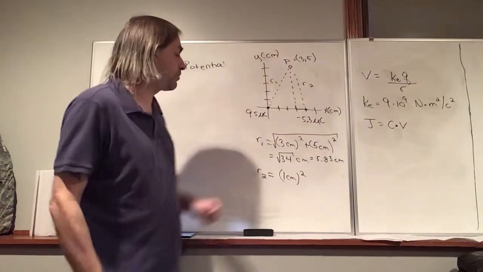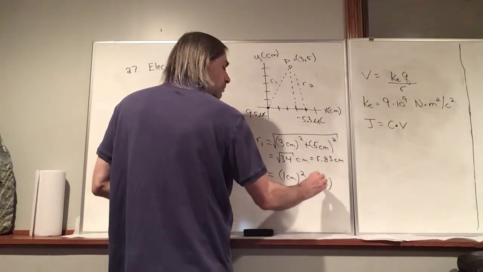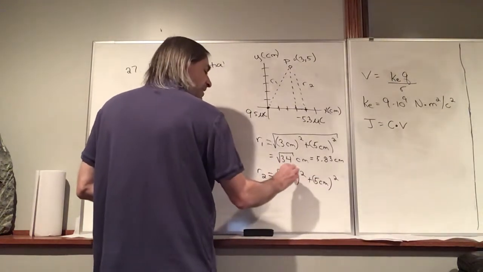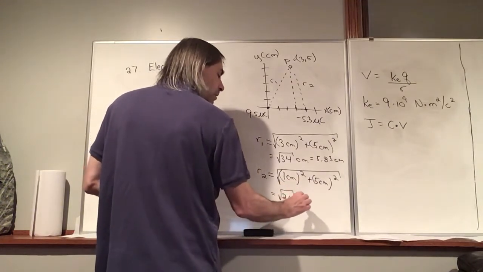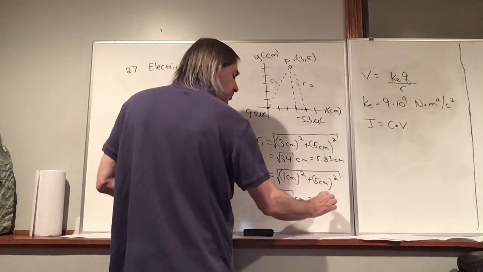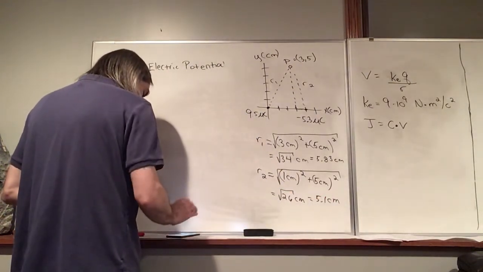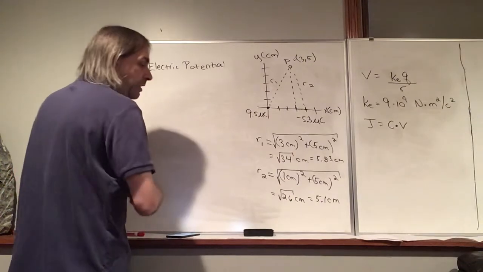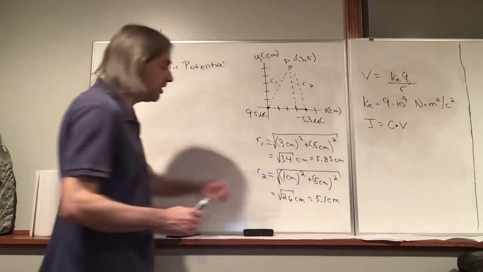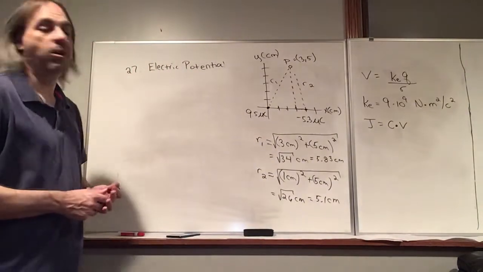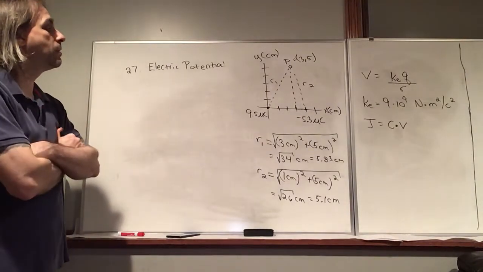And in the y direction, we have the full 5 centimeters. So if we add this up, we'd have the square root of 26 centimeters, which I'm going to guess is 5.1, but let's check. 5.099, so yeah, 5.1. Okay. So we have both of those distances. Unfortunately, we actually have to take the square root, unlike the electric field case.